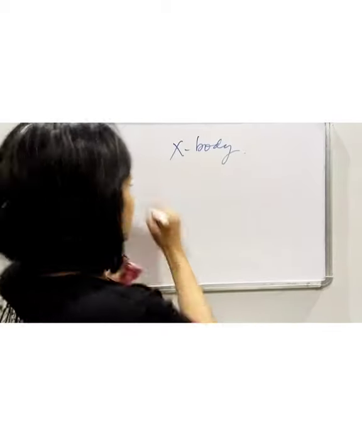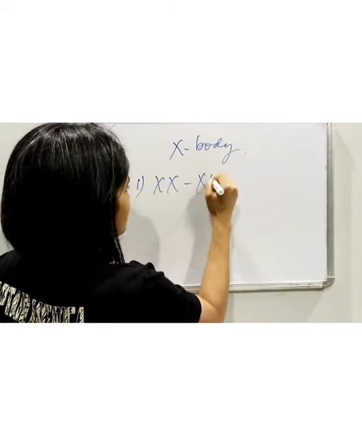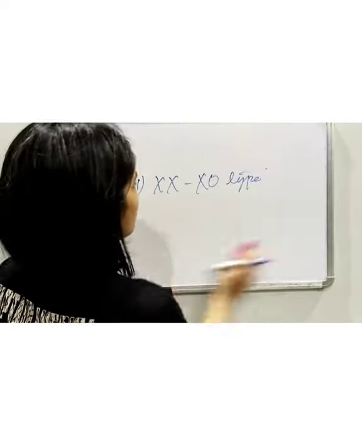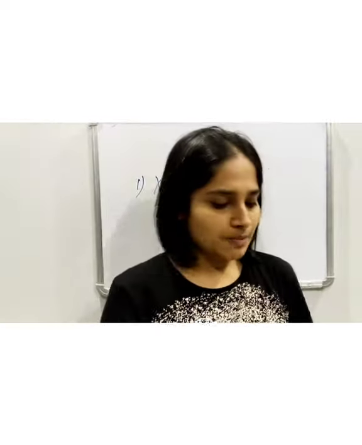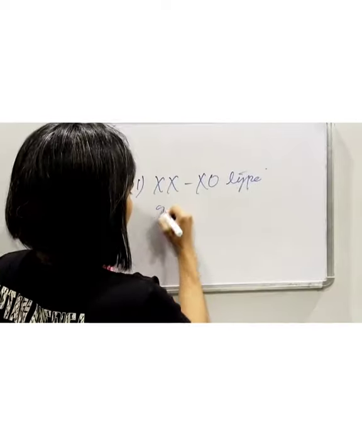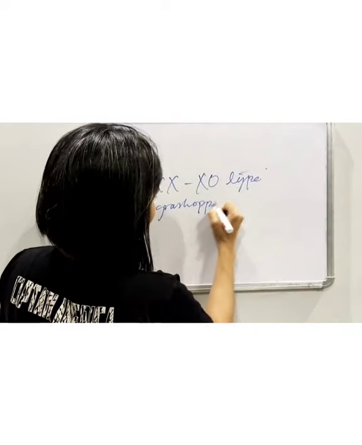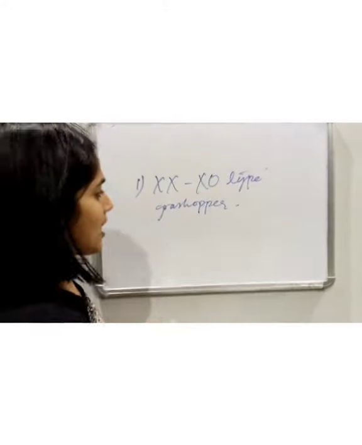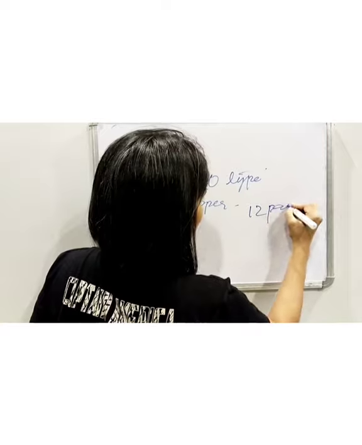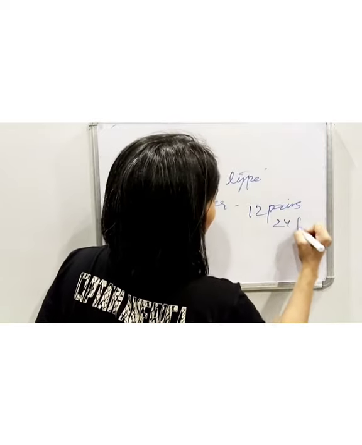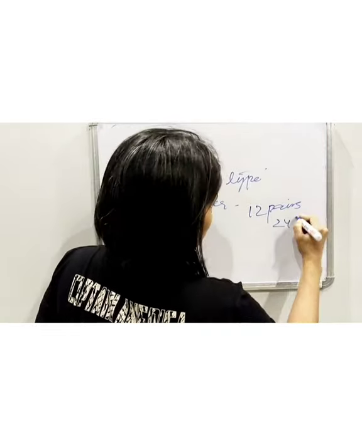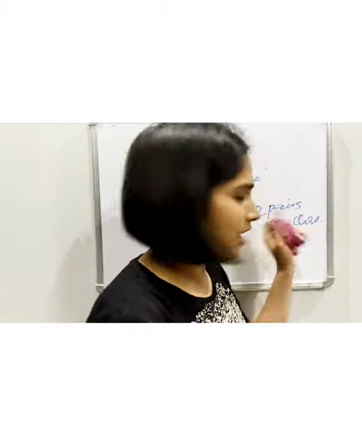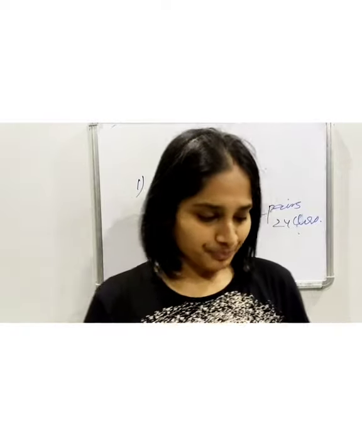So the first one is the XX and XO type. This type is present in grasshopper, which contains 12 pairs of chromosomes, or you can say 24 chromosomes, 12 into 2.